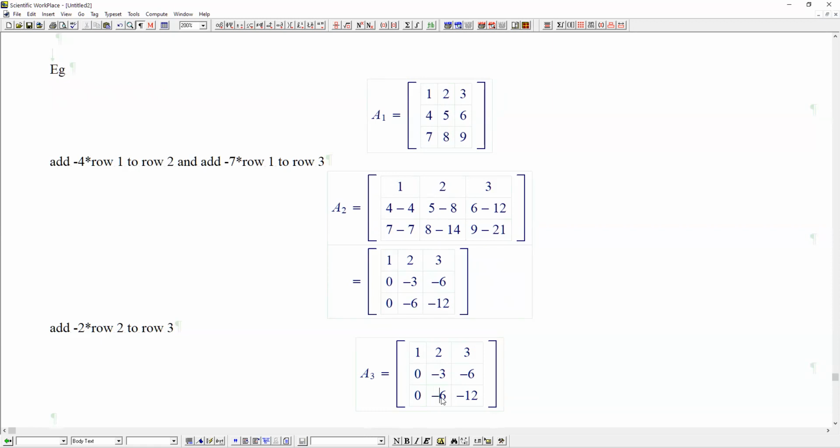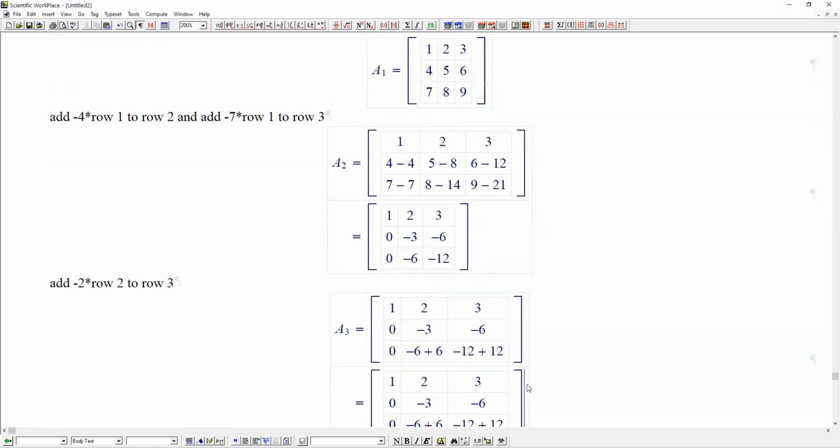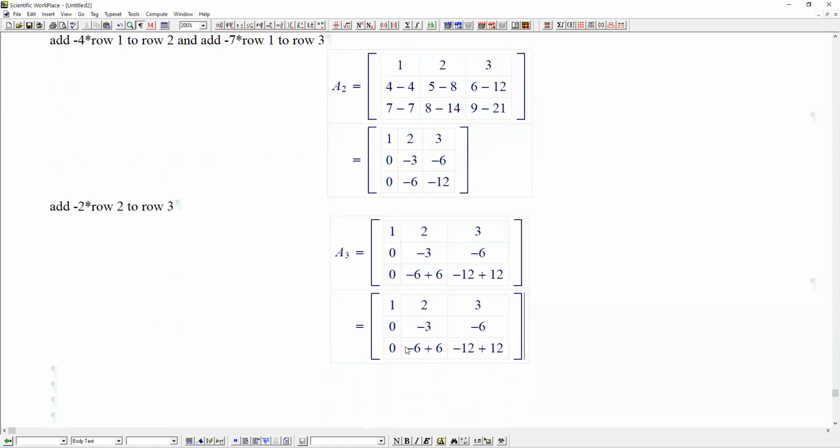So +6 here, and -2 times row 2, so +12. And I get what? I get 0, 0. So that's an accident.